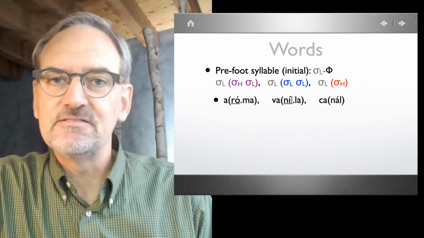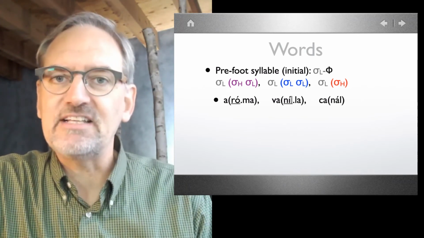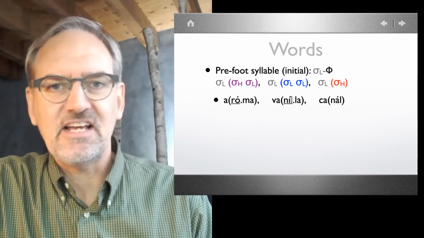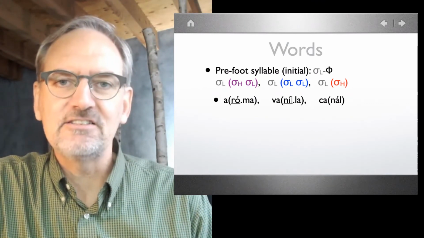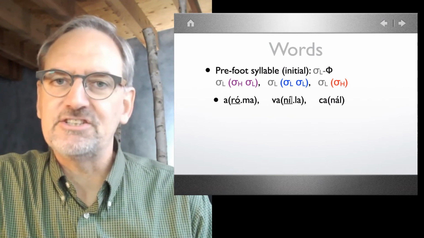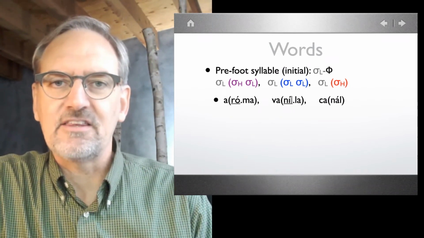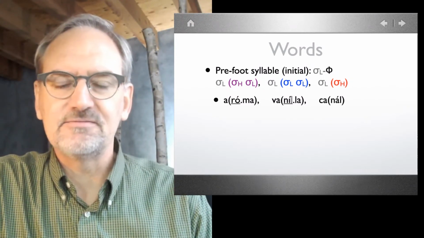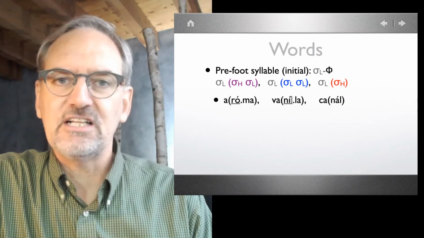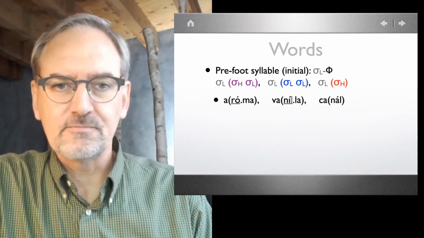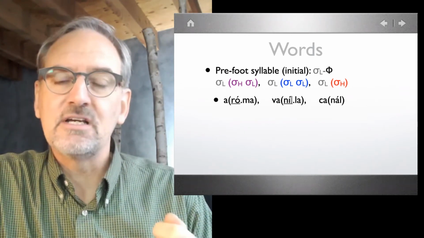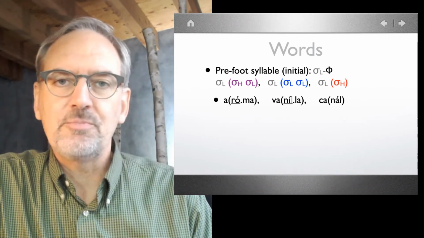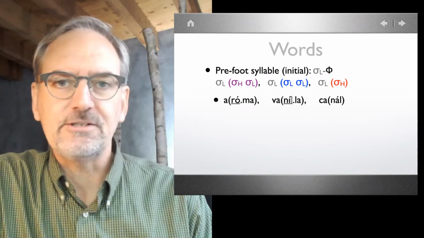In the case of vanilla, well, vanilla is actually two light syllables, n and l. English spelling has a double L, the two letter Ls, but in fact in pronunciation there's only one L. The syllables are v, n, l, vanilla, with stress on the first syllable, but it's a light syllable. And we'll learn more about that later because the stress is on the first light syllable because it's the first syllable in the foot.